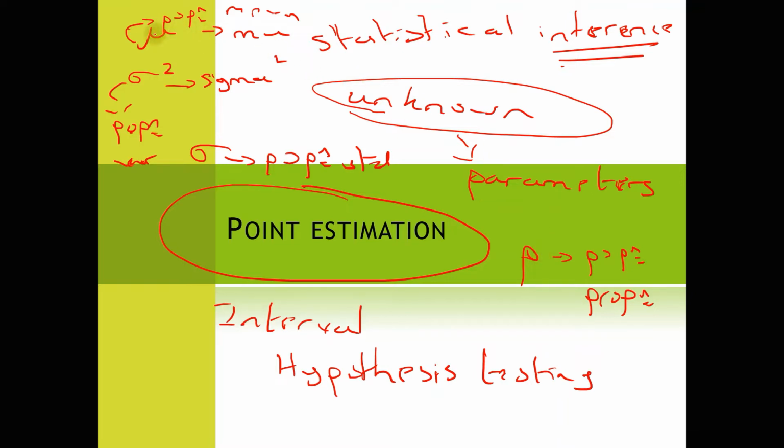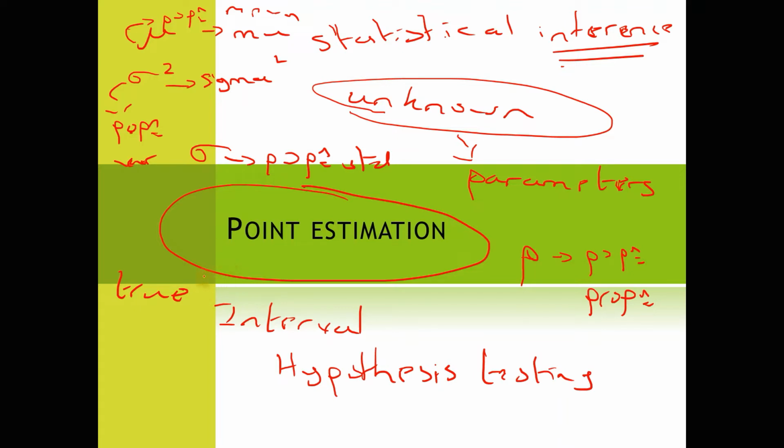So we might want to estimate a certain population mean, variance, standard deviation, or a population proportion. We also refer to these as the true mean, or the true variance, or the true standard deviation, or the true proportion.